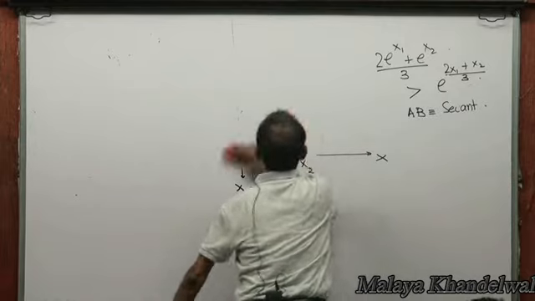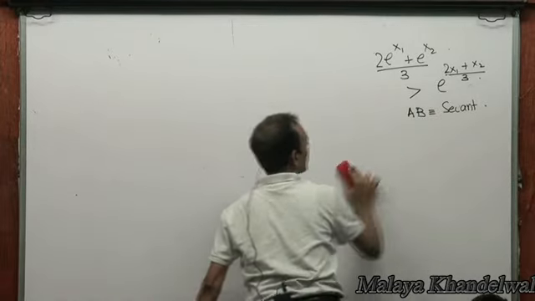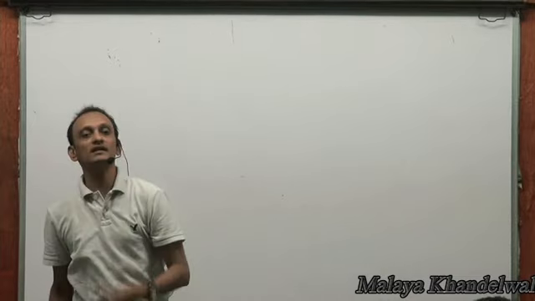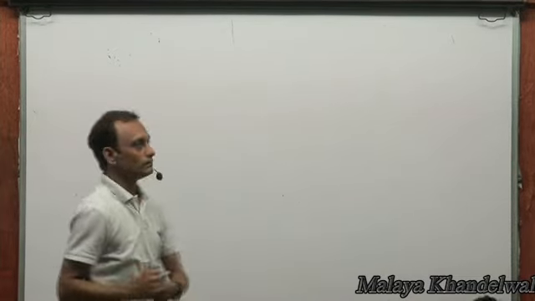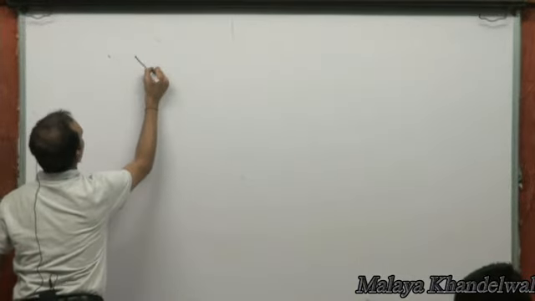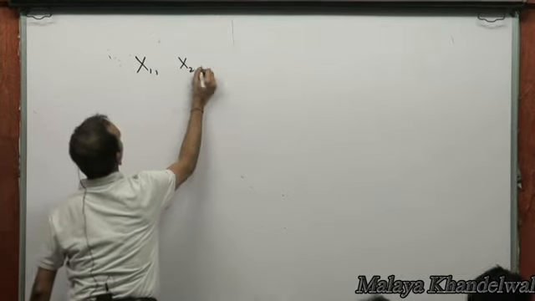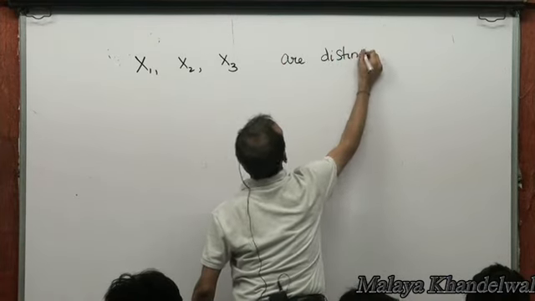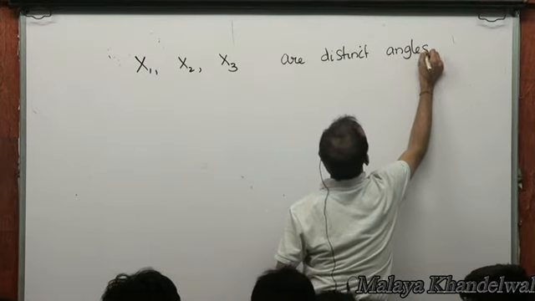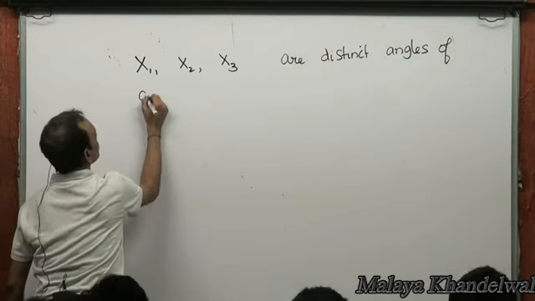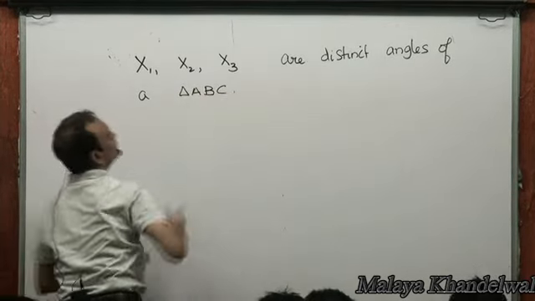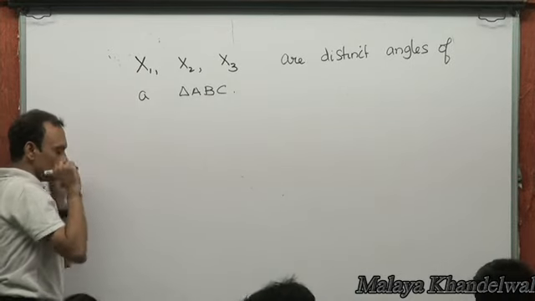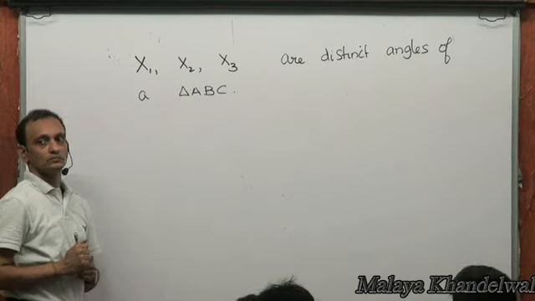Let me illustrate a little more using graphs. Suppose x1, x2, x3 are distinct angles of a triangle. Clear?